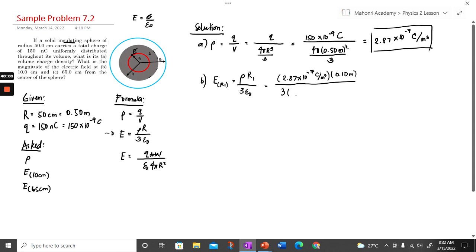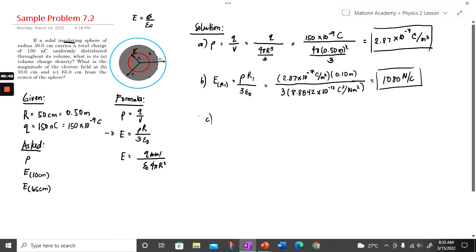The value of permittivity of free space is 8.8542 times 10 raised to negative 12 coulombs squared per newton meter squared. And just plug that into your calculator. You would get that the electric field at R1 is equal to 1080 newtons per coulomb.